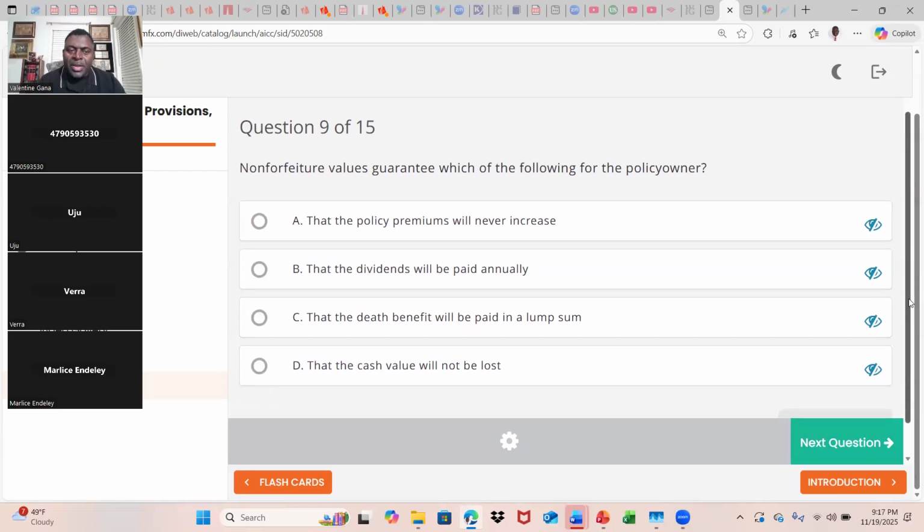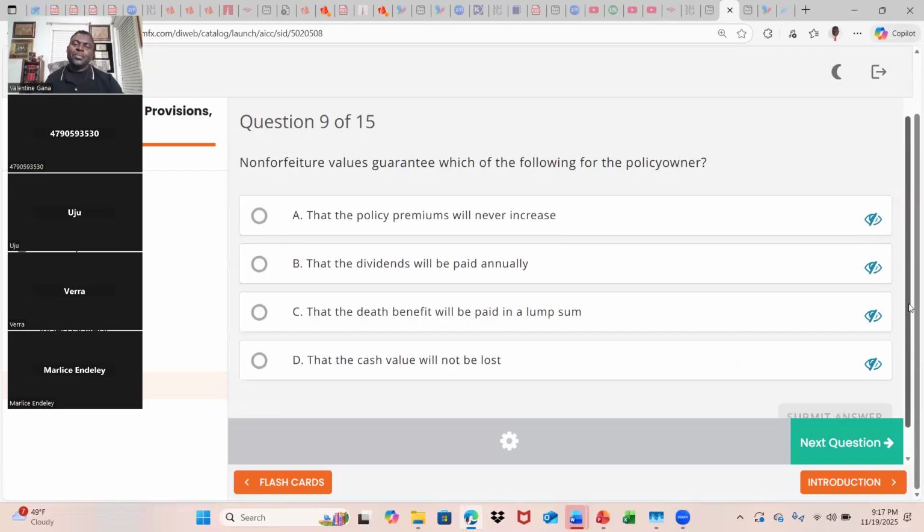Adeline, can you read this one again? Known for future value guarantee, which of the following for the policy owner?